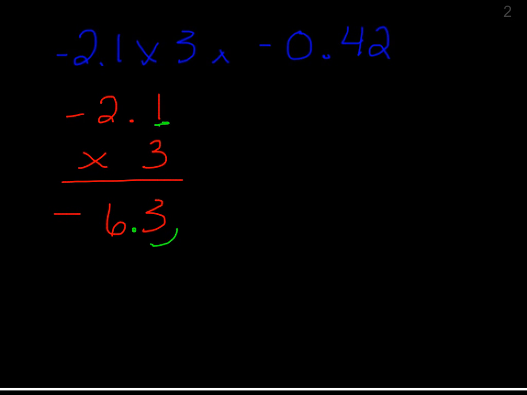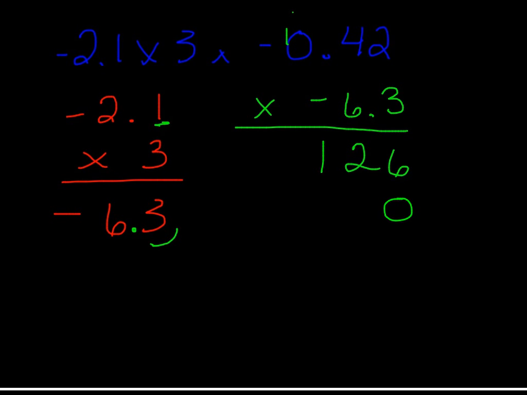Then I'm going to multiply that times my 0.42, and I'll just go ahead and write it right underneath like this. Again, you don't need to line up the decimals because you worry about those at the end. So I'm going to go 3 times 2 is 6, 3 times 4 is 12, carry the 1, and then 3 times 0 is 0, plus 1 is 1. Put a placeholder 0 there. 6 times 2 is 12. Carry the 1. 6 times 4 is 24.